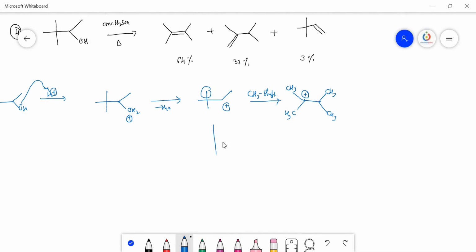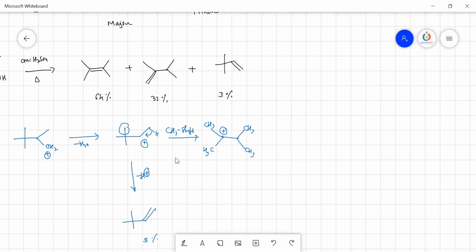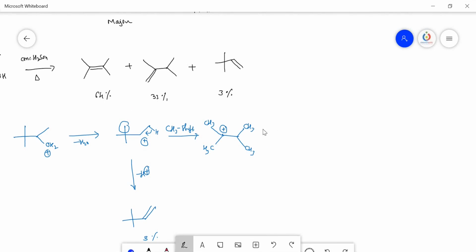Now see here, if hydrogen is removed from here like this, we get this product. 3% is this product, which is the less substituted alkene. And let us see about these two products now.